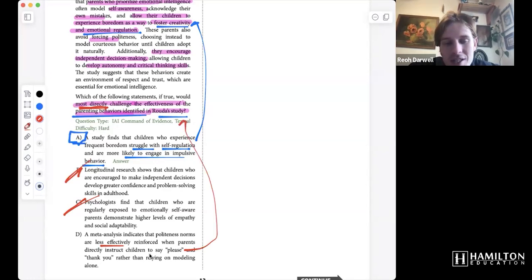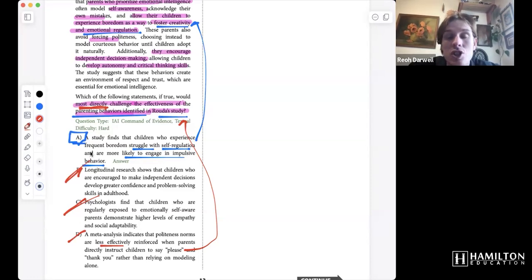Okay, so you have to understand what this is saying. This is saying when parents actually force their kids to say please and thank you, which is the opposite of what she suggests, it's worse than doing what she suggests, which is to just let their kids find out courteousness on their own.